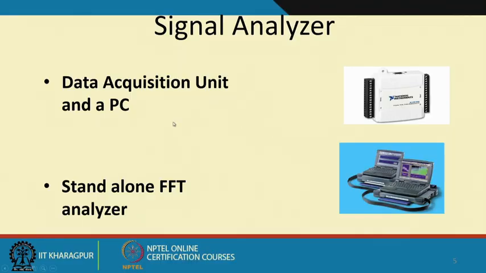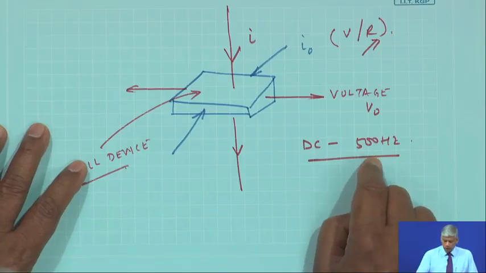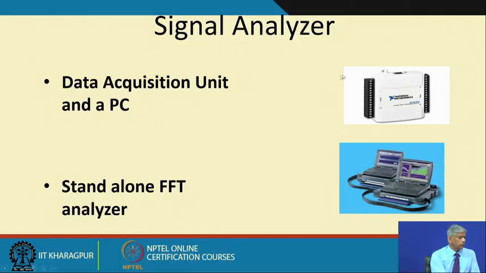So, in terms of the signal analysis equipment, all I require is a data acquisition unit, because this is a very slow signal, 500 hertz. I can capture it with the data acquisition unit, and I can have a standalone FFT analyzer or a laptop. So, comparatively this is a very cheap setup compared to the traditional vibration transducer.